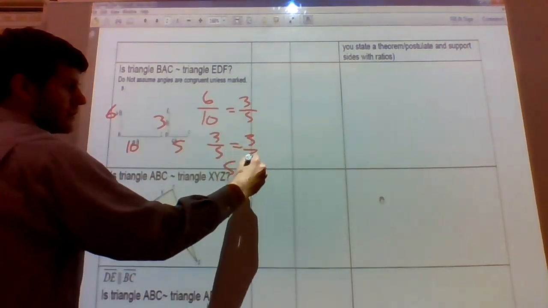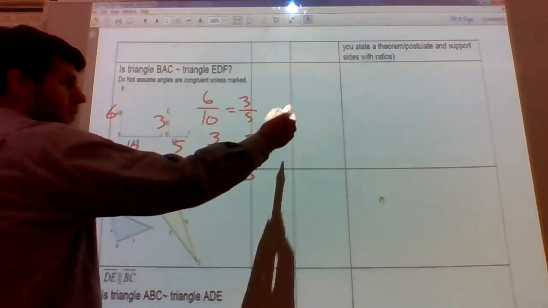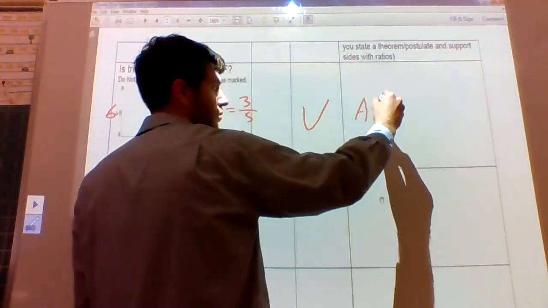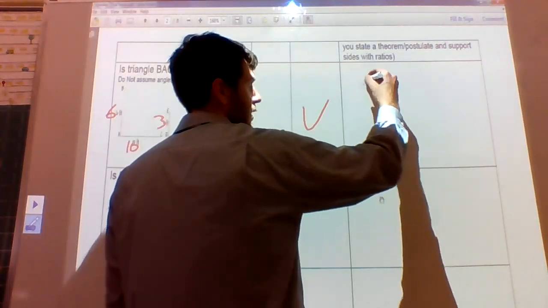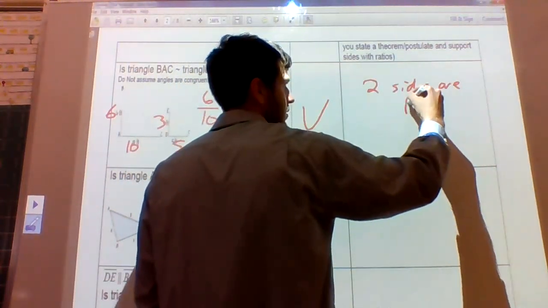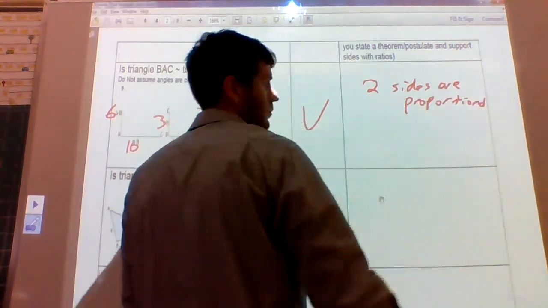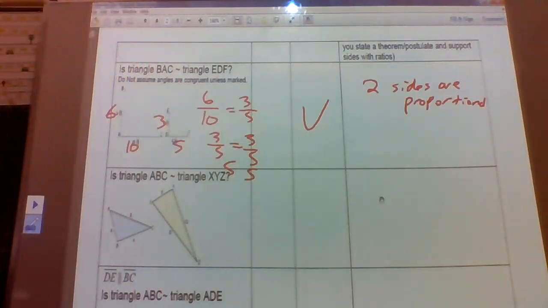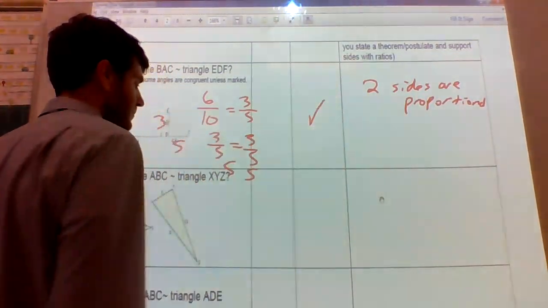So we have two sides that are proportional, but that's all we know. So this one's going to be a no. All we know is two sides are proportional. Okay, we need another side that's proportional, or we need a set of angles.